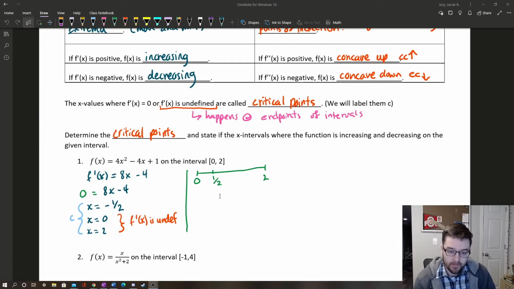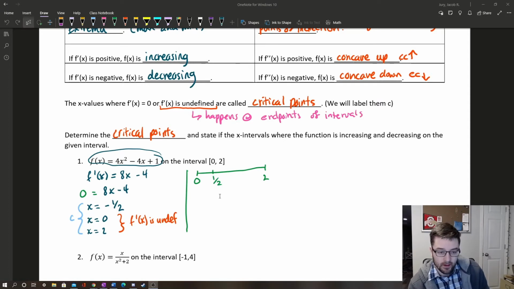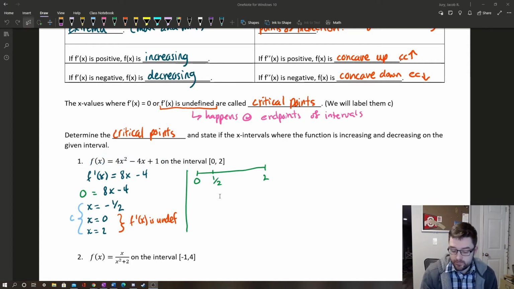Now, I could graph this function, but we're going to use the idea of the first derivative to figure that out.